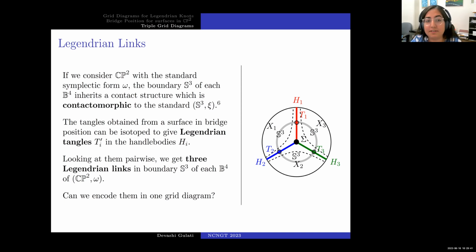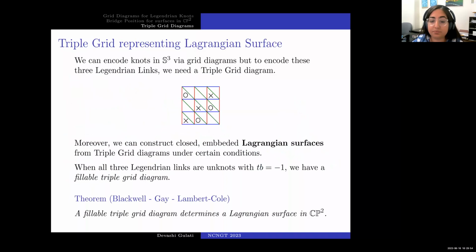Now, if you look at them pairwise, we're getting Legendrian links in these boundary S3s having the standard contact structure. Can we encode all three of these links in one grid diagram? Now we know we can encode knots in S3 with grid diagrams, but to encode these three Legendrian links, we need a triple grid diagram.